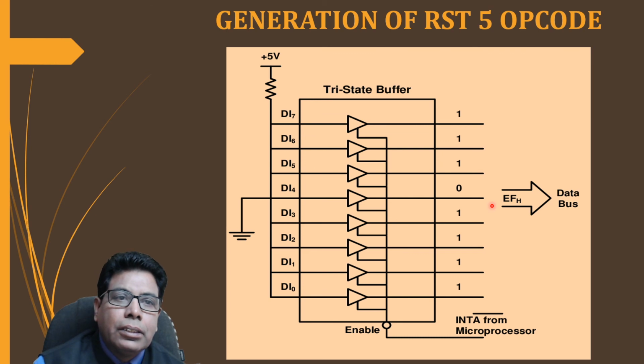So in this way, the non-vectored interrupt has to generate the address with the help of the RST5 code. Here we have taken the RST5 code, whose opcode is EF, and that is used for generation of address 0028.